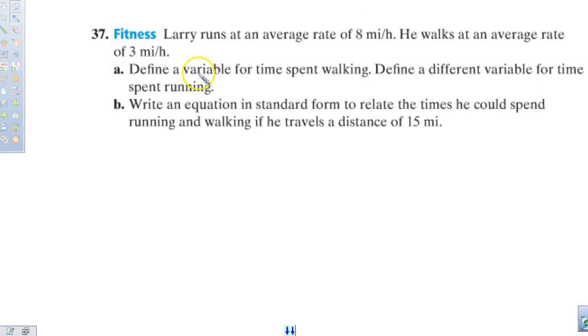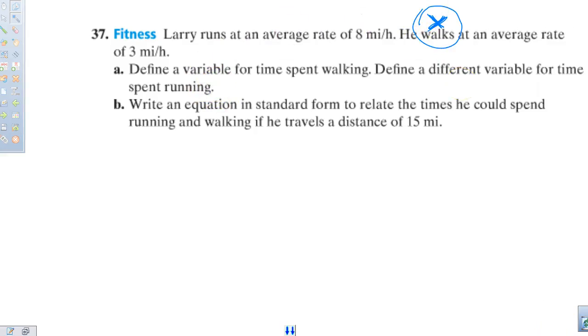Letter A says to define a variable for time spent walking and define a variable for time spent running. So what variable do we want to use for walking? X, very good. So let's see, he runs at a speed of 8 miles per hour. He walks, so above the word walks, I'm going to write the variable X. Where it says to define a variable, that just means, hey, we got to say that X is walking.